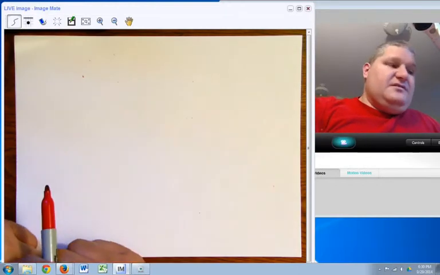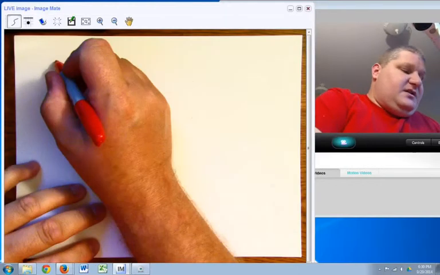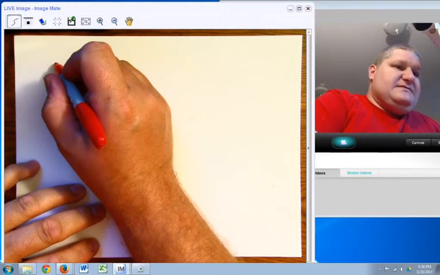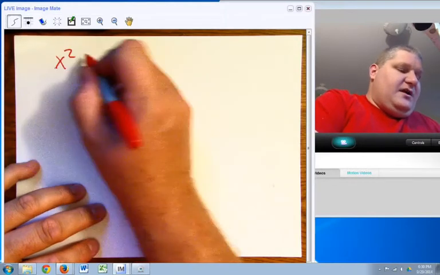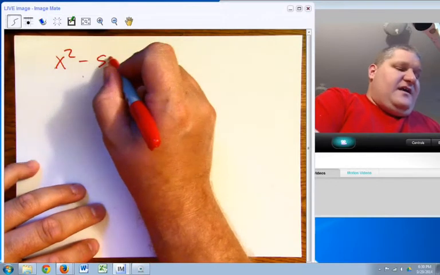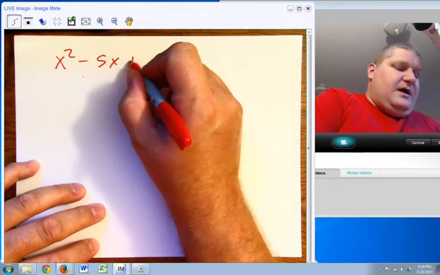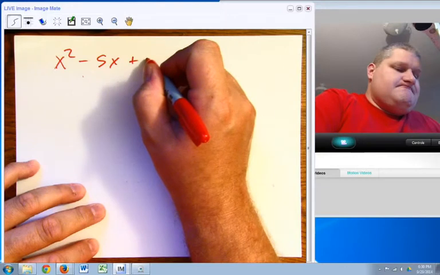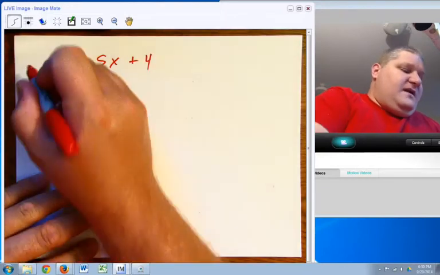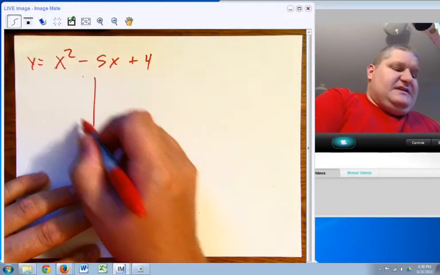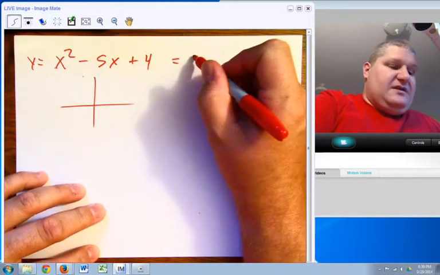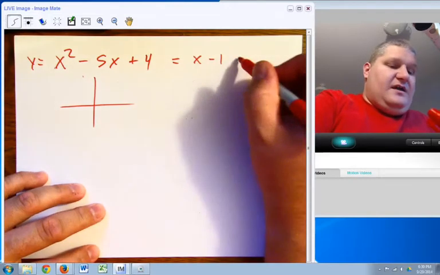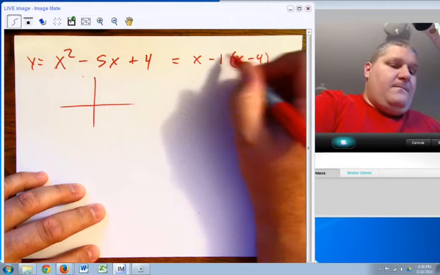Now, let's deal with a specific set of polynomials. So in this case, if we take something like x squared minus 5x plus 4. If y equals that, that's fairly easy to take care of. If we factor it out, that turns out to be x minus 1, x minus 4.